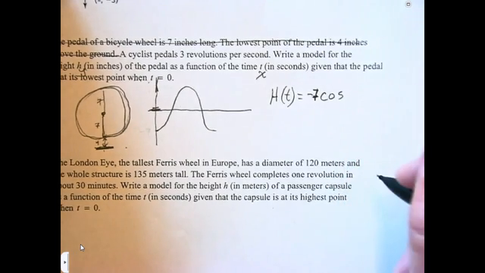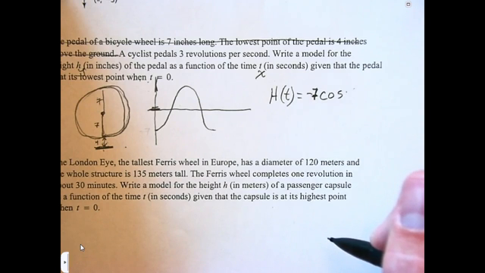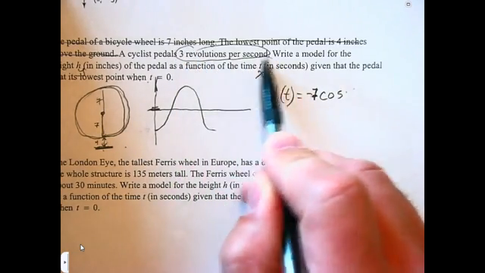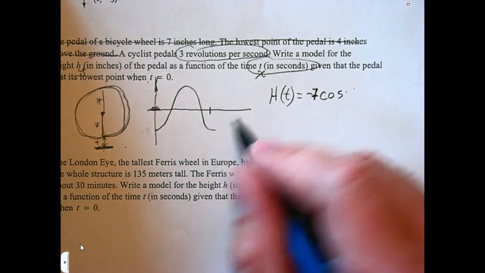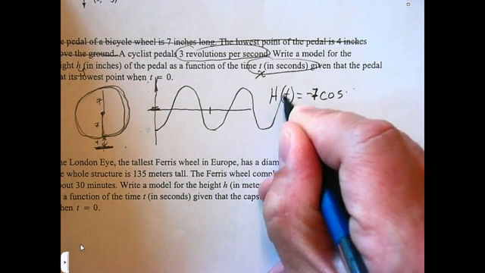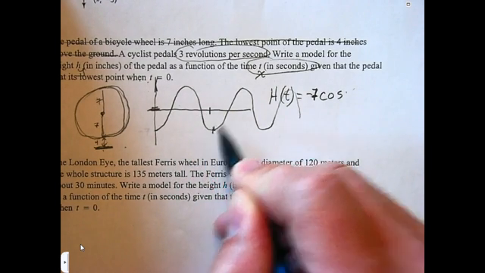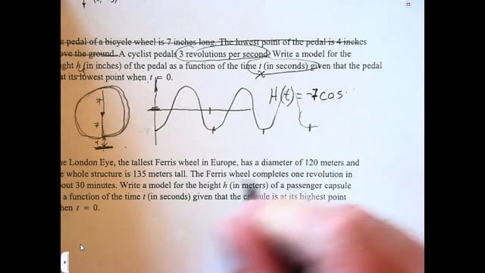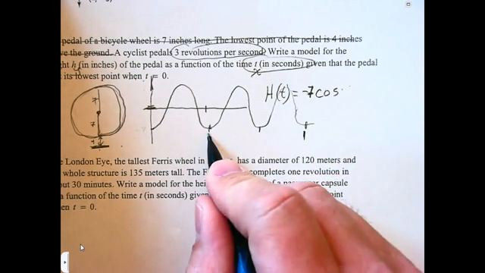Say with me, what's B? It's 3 revolutions per second. Time is being measured in seconds. So right here, I make 3 revolutions. There's 1, there's 2, and here is 3.